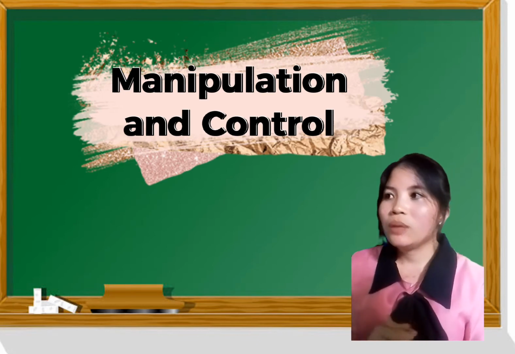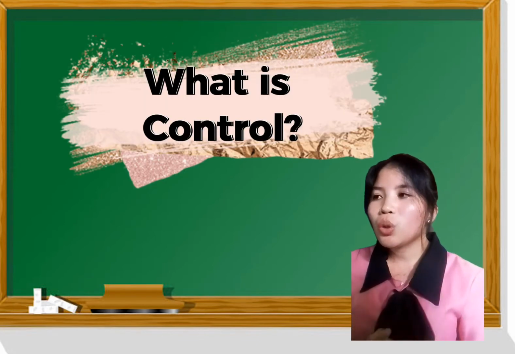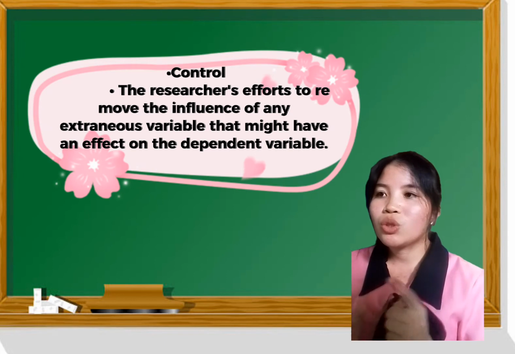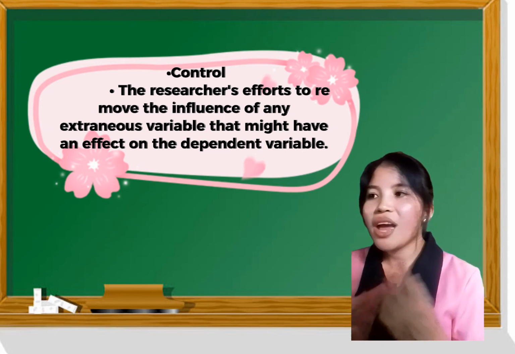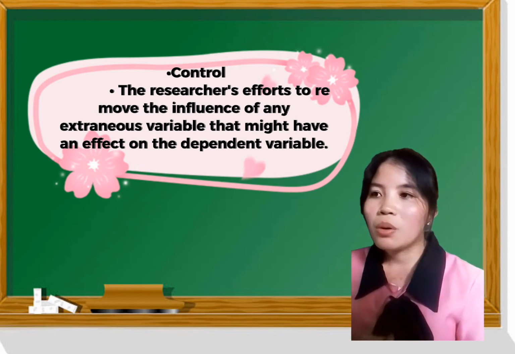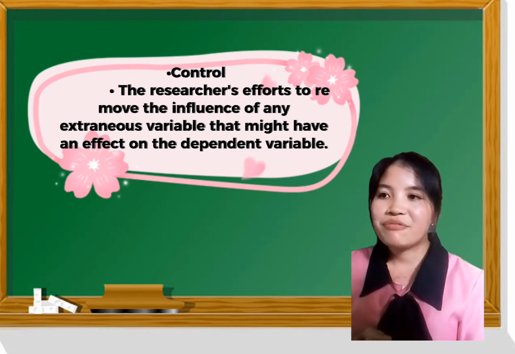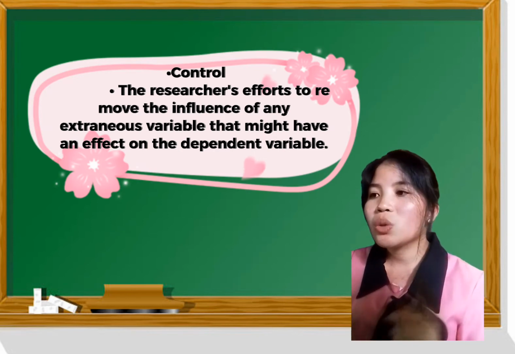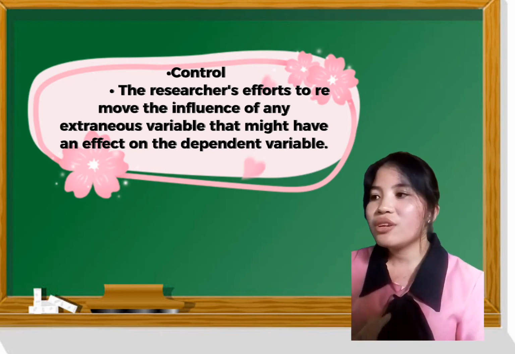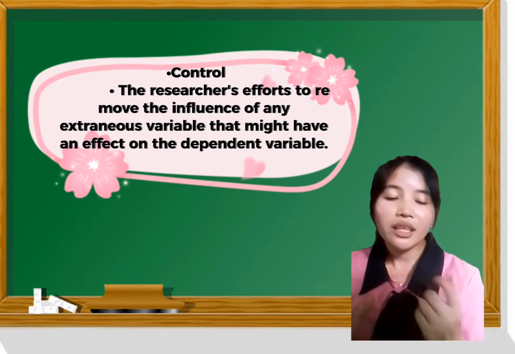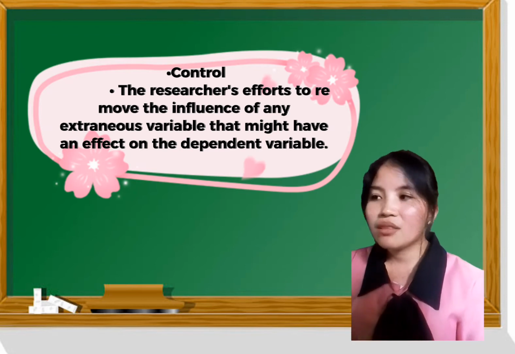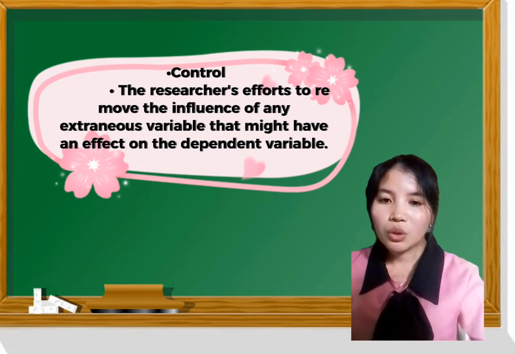Manipulation and control. What is control? Control is the researcher's effort to remove the influence of any extraneous variable that might have an effect on the dependent variable. The goal is to assure that the only differences between groups are those related to the independent variable. So that is the control.